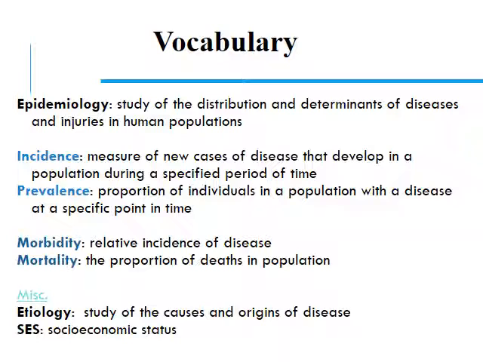And prevalence is the proportion of individuals in a population with a disease at a specific point in time. Morbidity relates to the relative incidence of disease, and mortality is the proportion of deaths in a population. Other terms: etiology is the study of the causes and origins of disease, and SES is what we refer to for socioeconomic status.